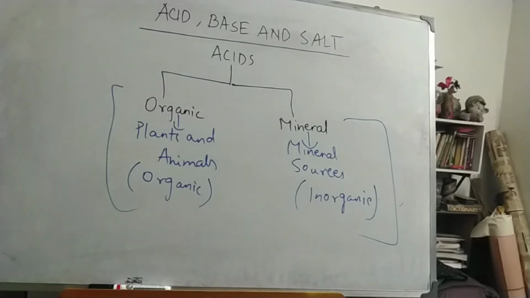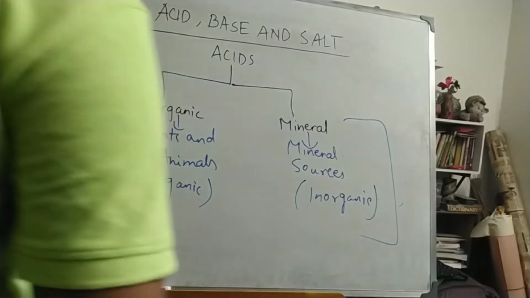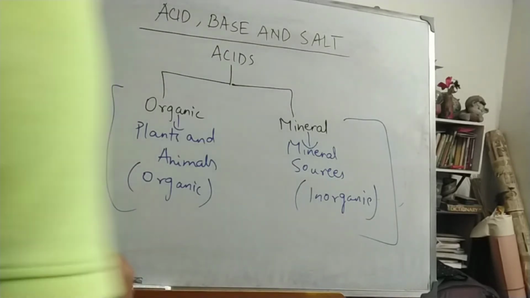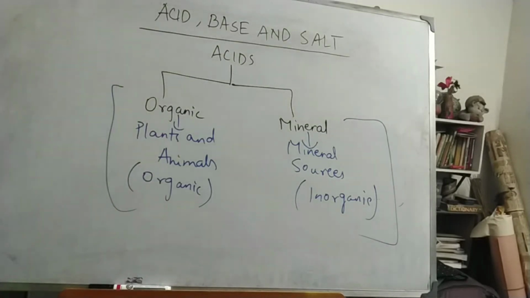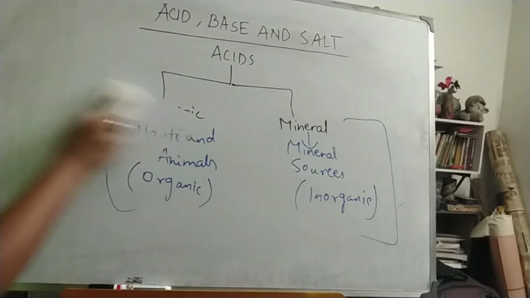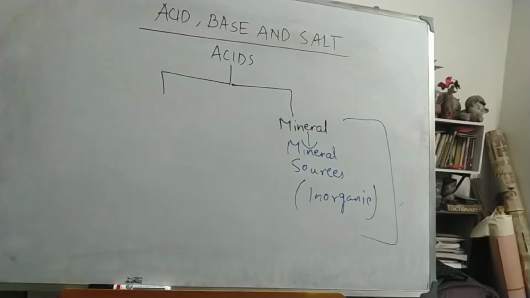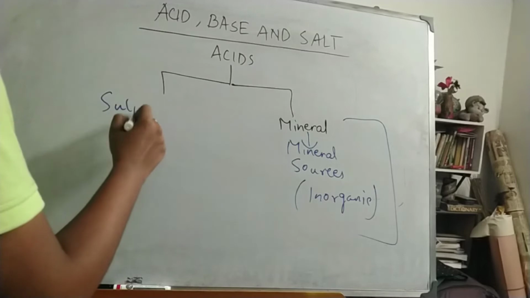Now examples. An organic example: yogurt has lactic acid, and ant has formic acid. These are examples of organic acid. Now for mineral acids, suppose I take an example, sulfuric acid.